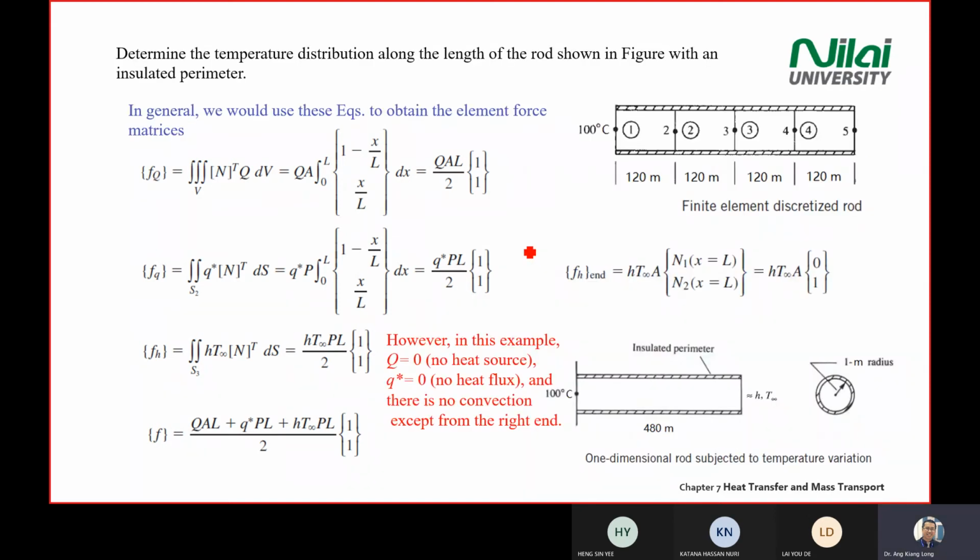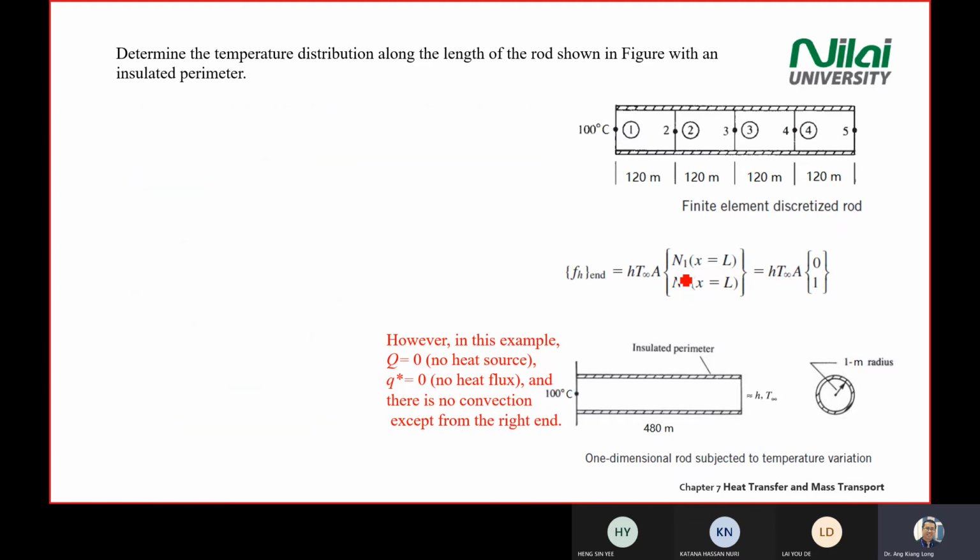So let's go back to our question. I already explained why we can cancel these equations, and we only focus on the one on the right here. The force for elements 1, 2, 3 is 0 because we don't have a heat source, heat flux, or convection for those elements. But for element 4, yes, we have one force at the end here.